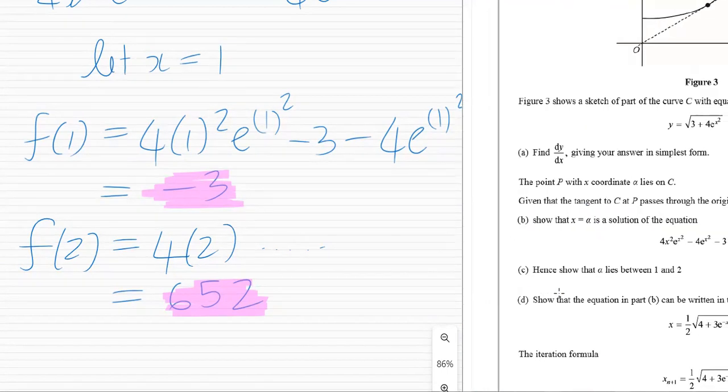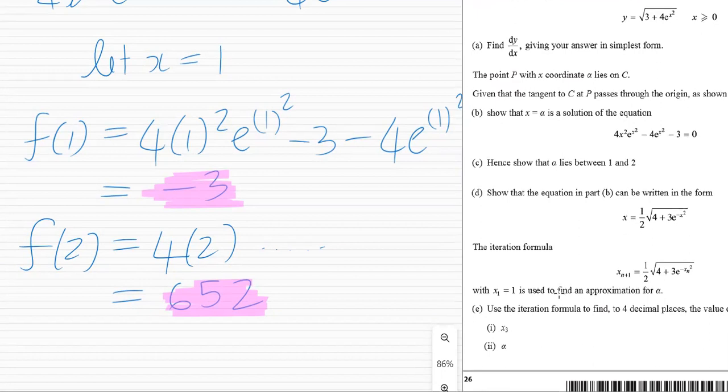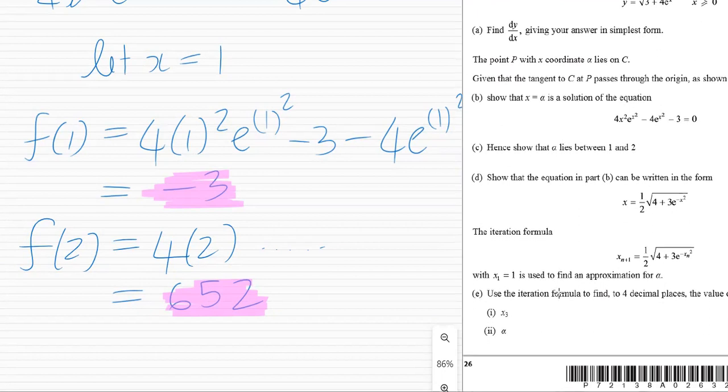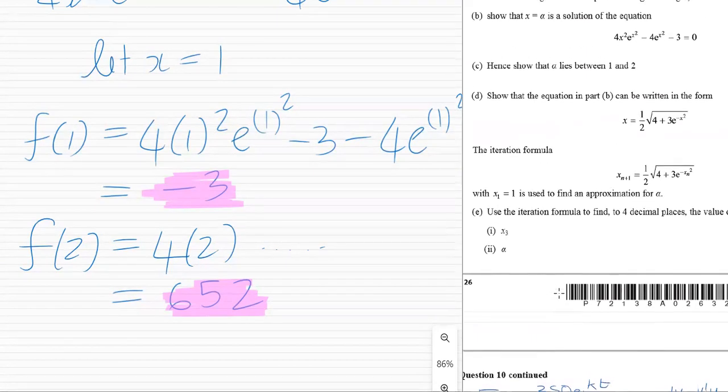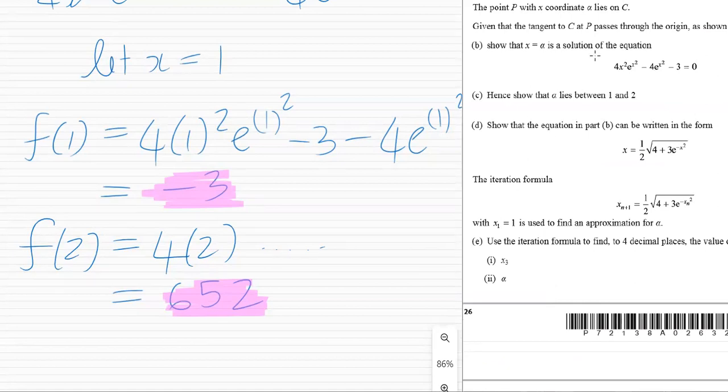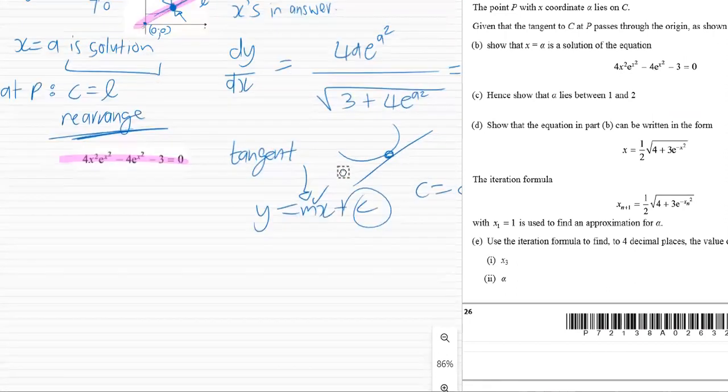We can move on to number D. Okay. So first part of number D, it wants us to write this from B in this form. So we're just rearranging it to make X the subject. Now it's a bit of a weird question because the X is already in it.